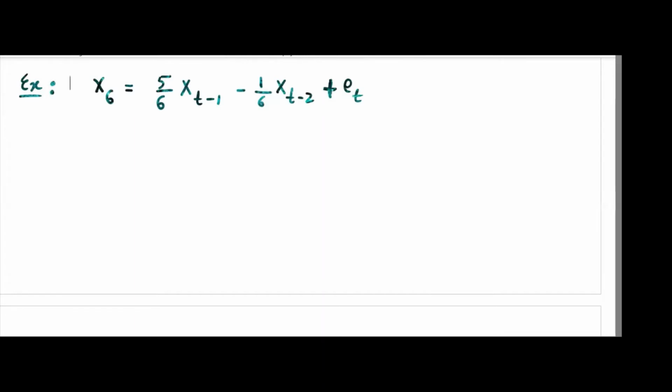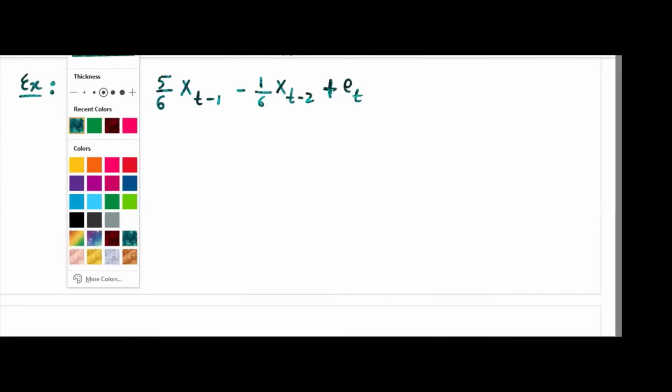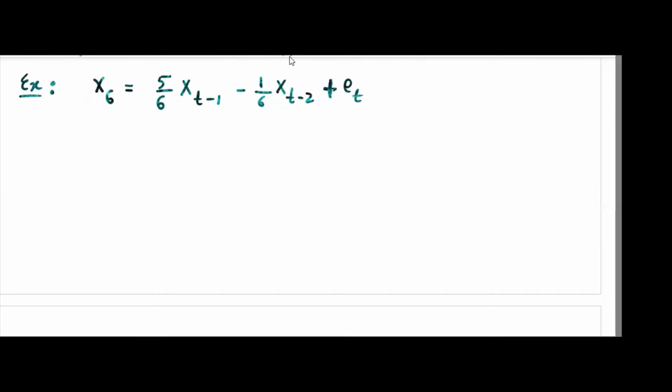That means this is the way you need to find rho naught, rho 1, rho 2. These are the autocorrelations. The question is to find the autocorrelations. We have Yule-Walker equations, but we will go to those later.